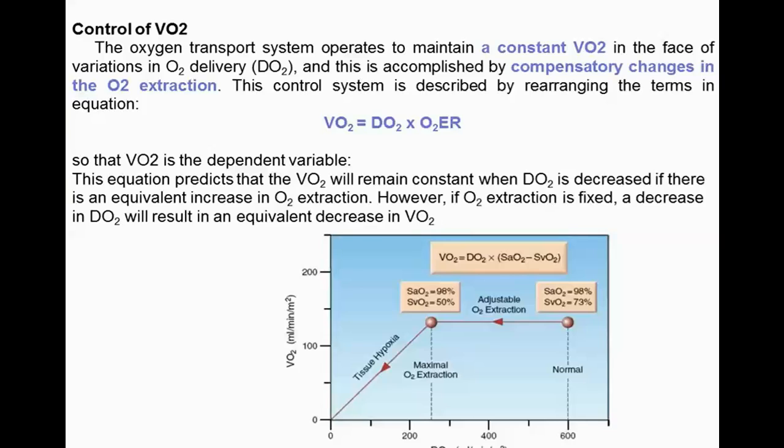So the extraction ratio increased. What is our goal? To maintain the same oxygen uptake. What's the cutoff value? The maximum oxygen extraction is 50%. After that there will be tissue hypoxia and death.